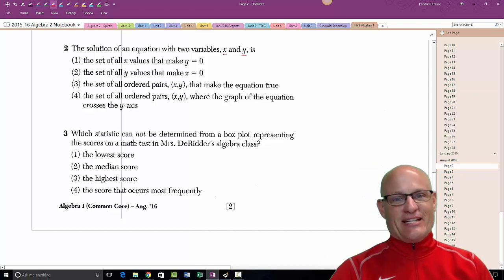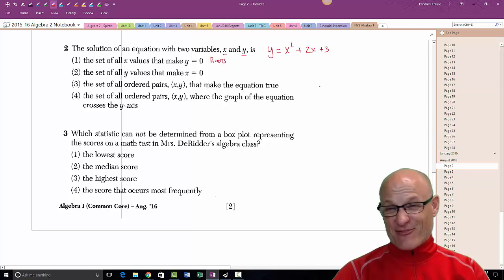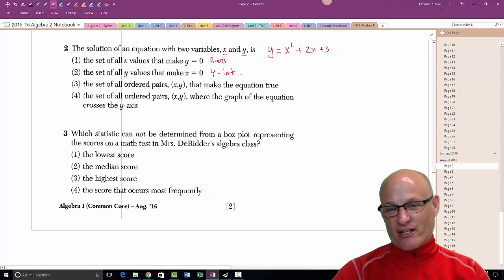So, when you're solving quadratics, like for example, y equals x squared plus 2x plus 3, if you're looking for roots, then yeah, this is true. But that's only for roots. That's not for all of them. And so that's not going to be it. If you're looking for the y-intercept, this would give you the y-intercept, but that's not going to tell you the solution of an equation with two variables.